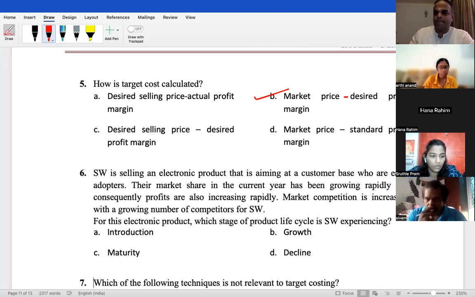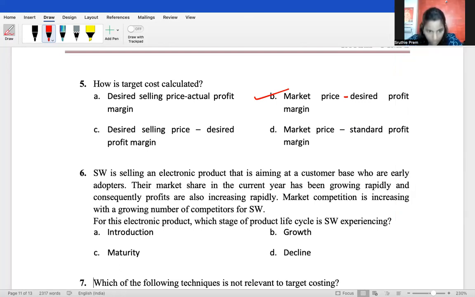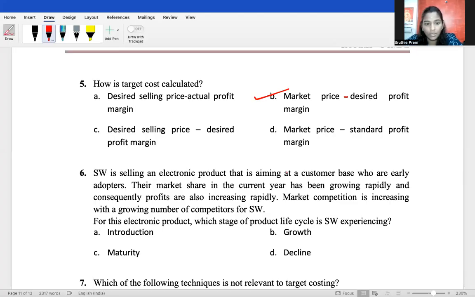SW is selling an electronic product aimed at a customer base of early adopters. Their market share in the current year has been growing rapidly, and consequently profits are also increasing rapidly. Market competition is increasing with a growing number of competitors for SW.